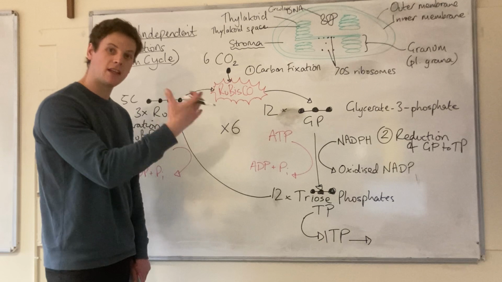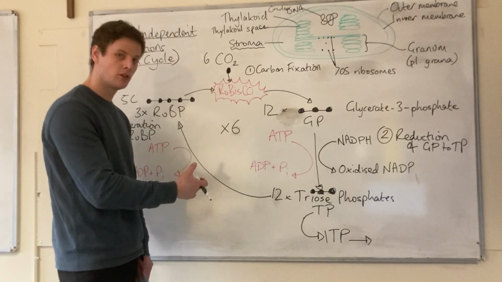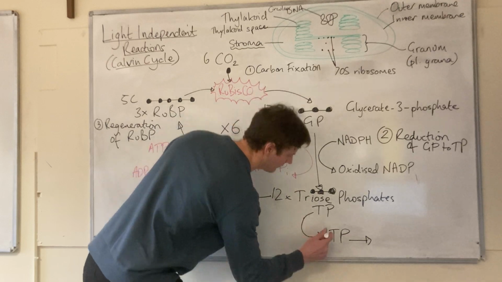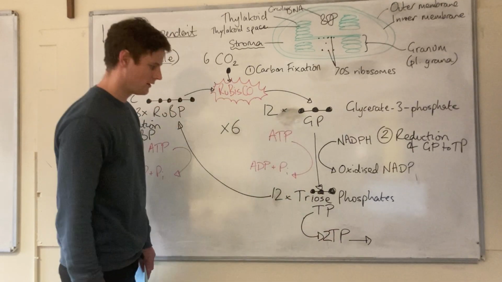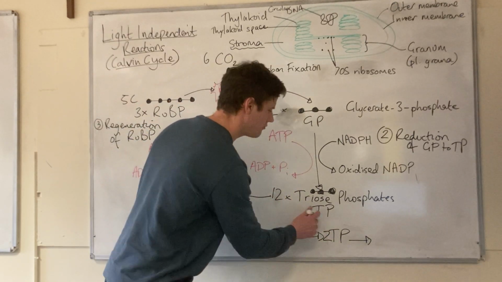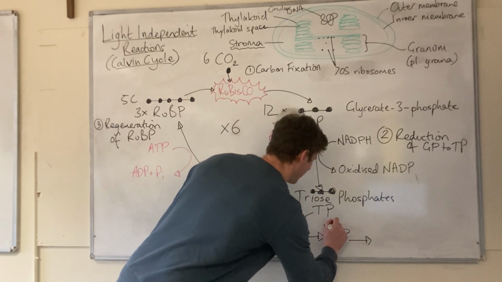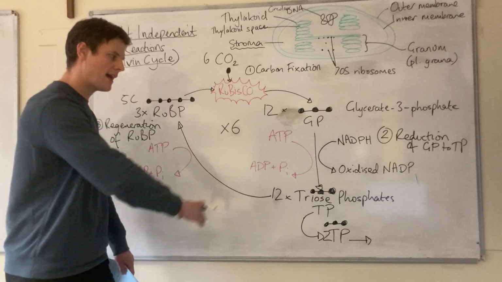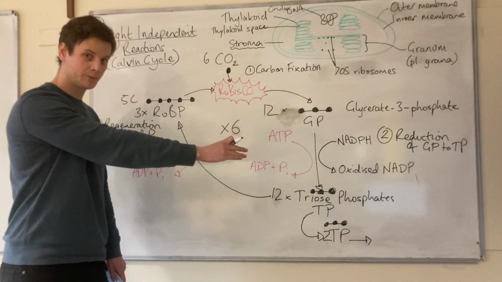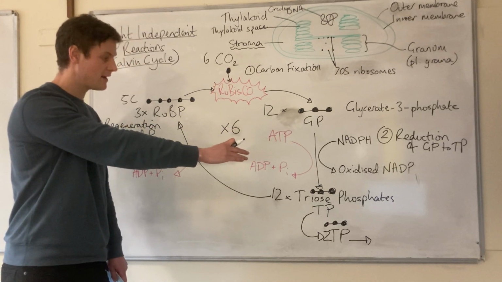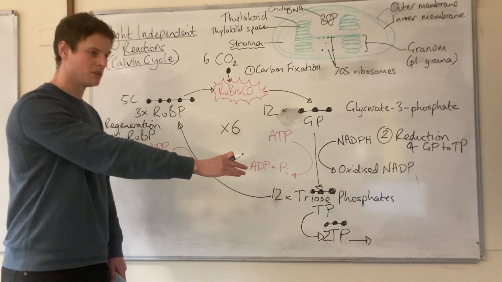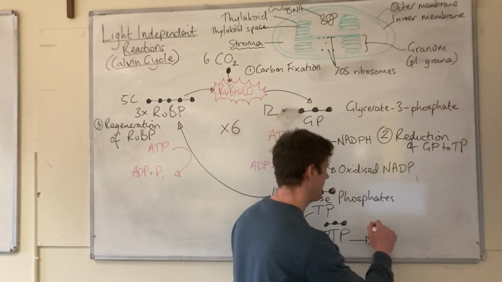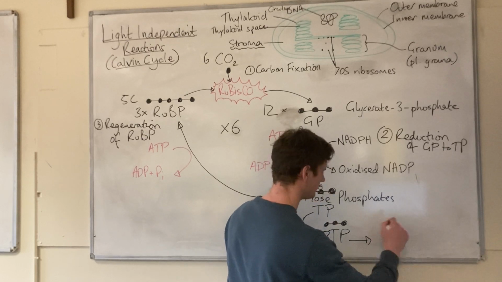This, like I said, with each 6 that are produced, 1 can be taken away. Now, we've got 2 3-carbon triose phosphates that can be taken away from the Calvin cycle and used to make biological molecules. 3 plus 3, for example, makes a hexose.